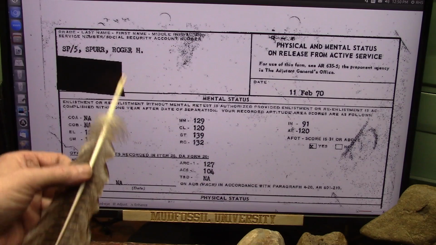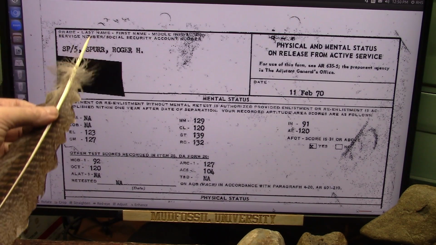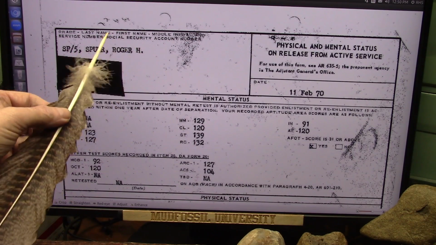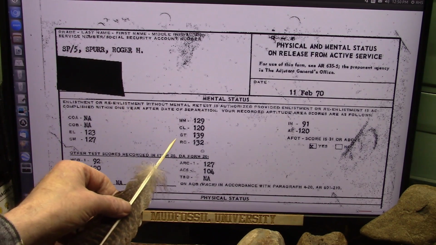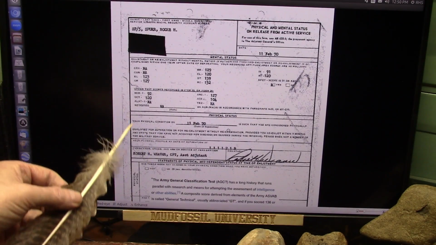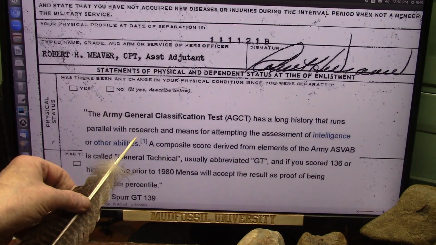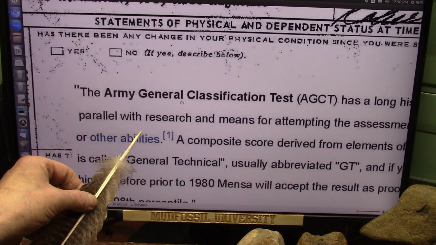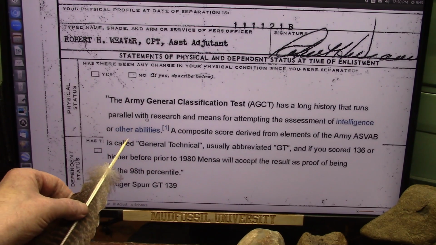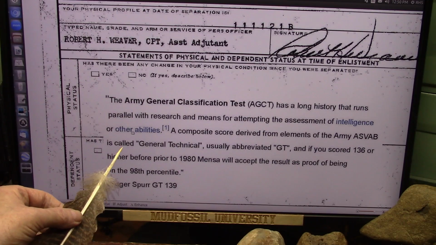All right, people that call me an idiot, this popped up today. Was digging through some old stuff. This is when I just got out of the Army, Spec 5, and my GT score was 139. GT is what is basically your IQ. And down here it says the Army General Classification Test has a long history that runs parallel with research means for attempting the assessment of intelligence or other abilities.